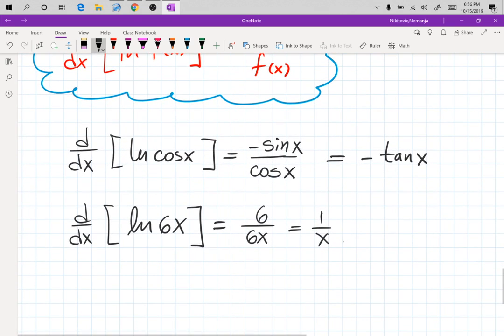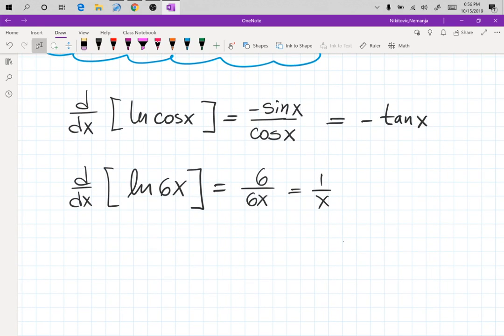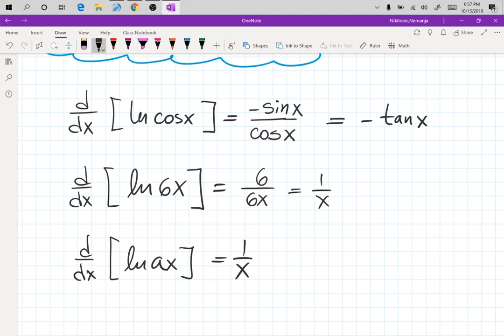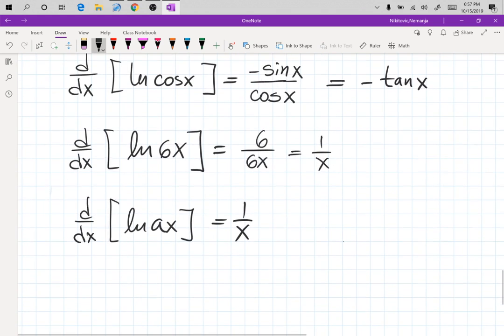Well, it's math, so it's not magic. How come the derivative of ln ax is just 1 over x? Remember how that a always pops out for trig, it pops out for e to the x, and now for ln it's just poof, gone. Using the God-tier equations, remember?